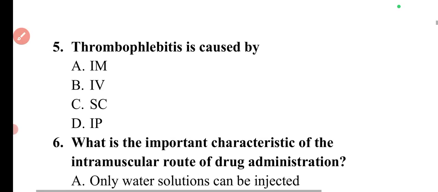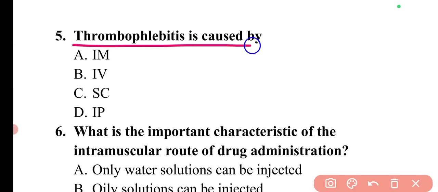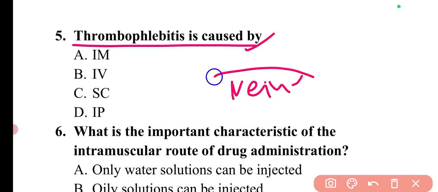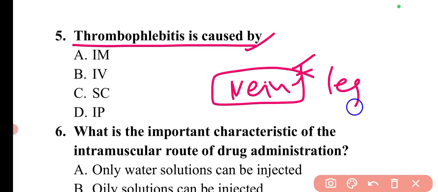Then next question is, thrombophlebitis is caused by. So thrombophlebitis is basically a condition in which inflammation or clot formation happens in a vein. Usually it happens in the legs, and it results in pain.